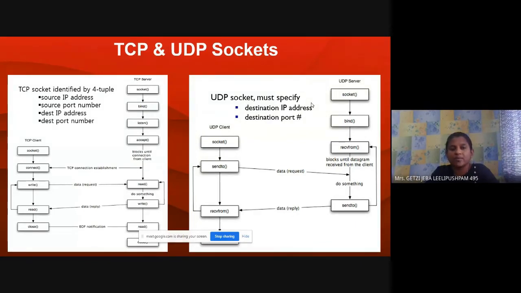Why? Can somebody give me the reply? In UDP, I need not specify the source IP address in the UDP socket. Why? I'm talking about the transport layer. In the socket, I need not specify the source IP. Why? Could you please unmute and give me the answer?